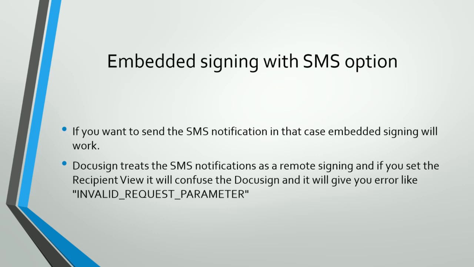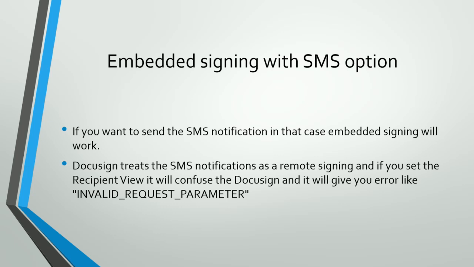If embedded, avoid adding SMS notification for the recipient. Communicate via your app or email and rely on the recipient view URL to guide the signing. If you want remote, don't create a recipient view. Let DocuSign deliver SMS and ensure your admin landing pages are configured for post-sign redirects.